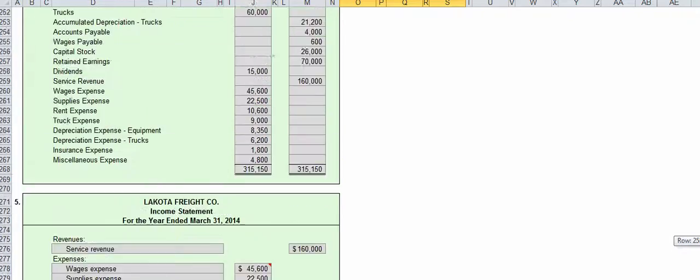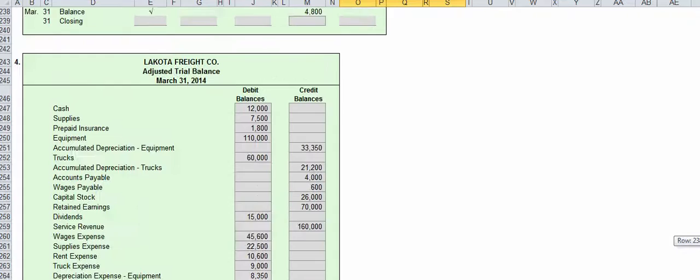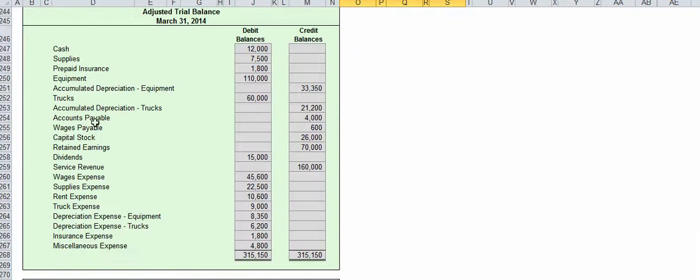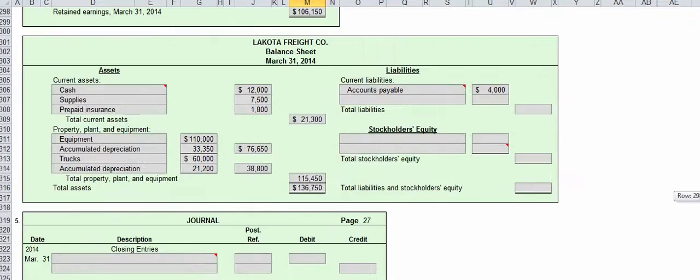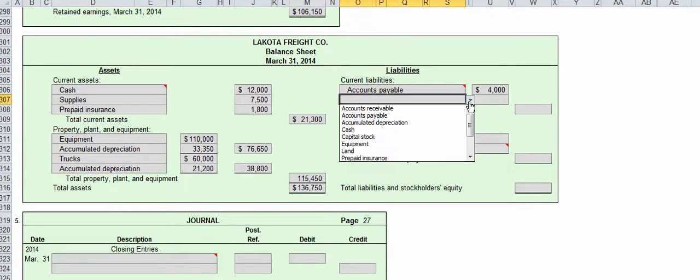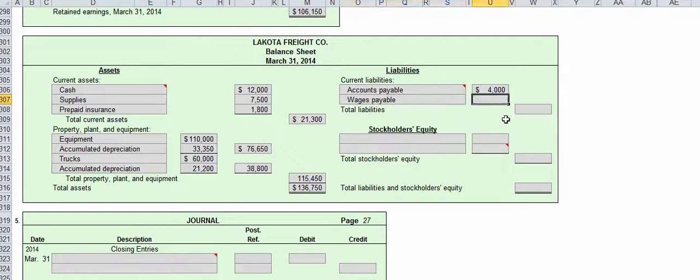We'll also pick up wages payable, which is 600. We'll definitely pay our employees before a year is up. Wages payable, $600. And then we want total liabilities, and I can just do that in my head, $4,600.